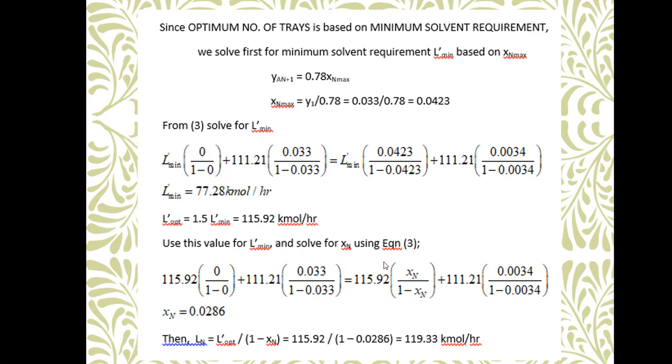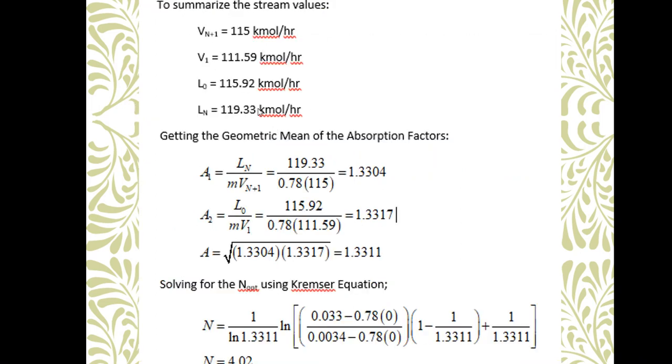That value of Ln and the other value, 115.92, this one 115.59, and V sub n plus 1 will help you solve for the geometric mean, because if you notice, we have different values of the absorption factors here. We substitute the values in our Kremser equation. That gives us 4.02 as the actual number of stages.